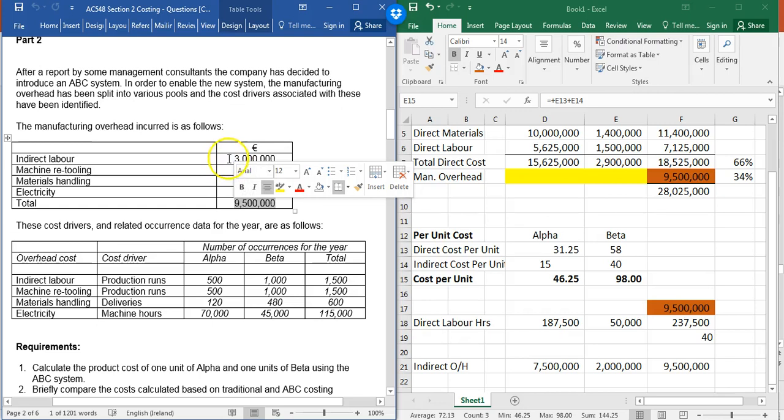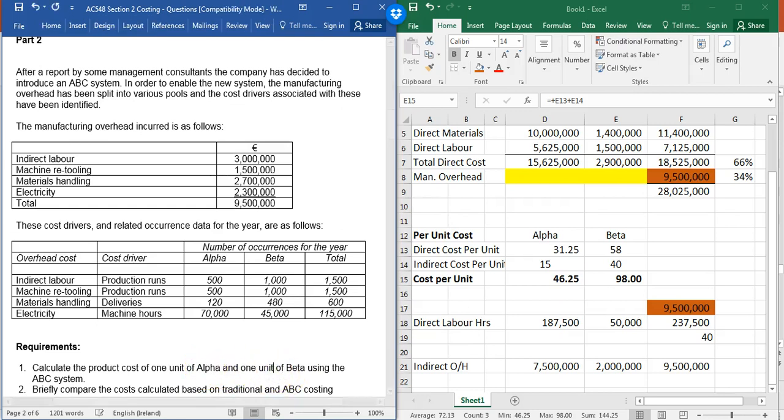Let's break it into 4 and let's get more accurate cost drivers to fairly allocate costs. So hopefully you've had a try at this. If not, pause it and make an attempt at the question. You're asked to calculate the product cost, as we've done here, of 1 unit of alpha and 1 unit of beta, and briefly compare this to what we've calculated in A.